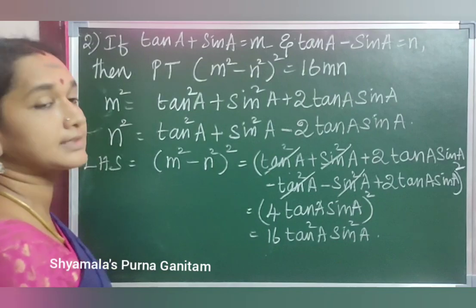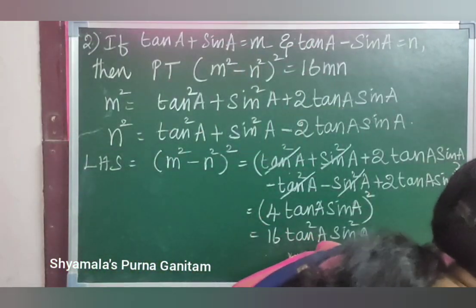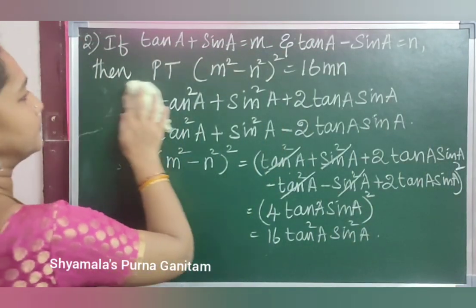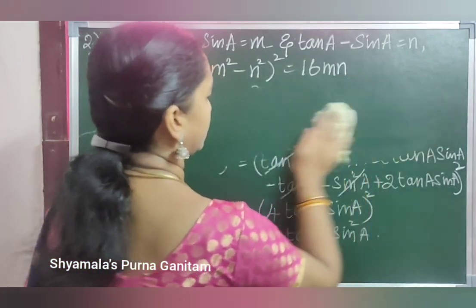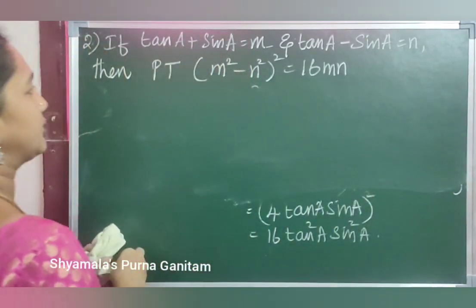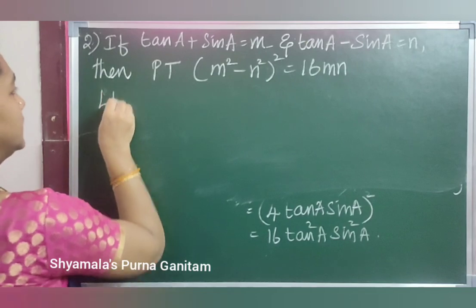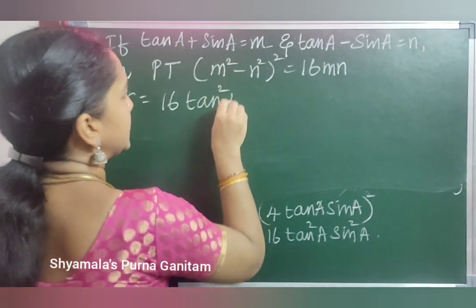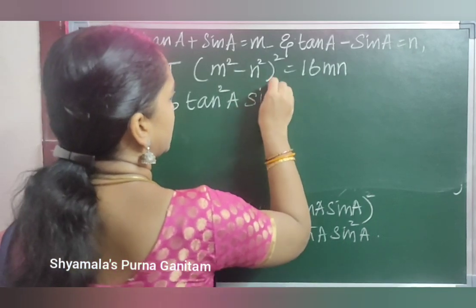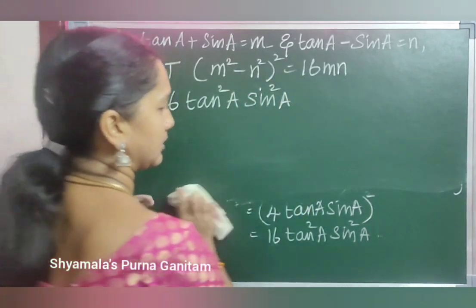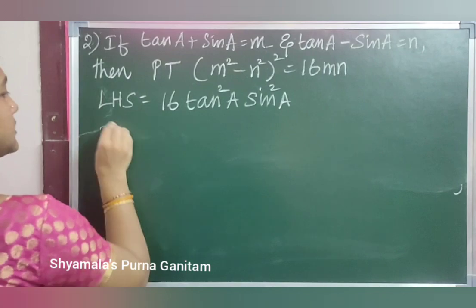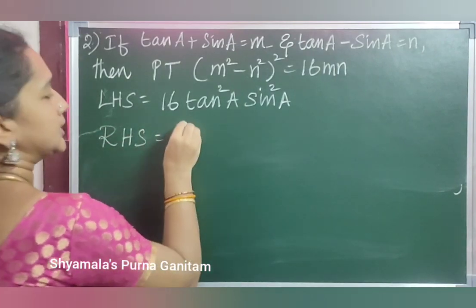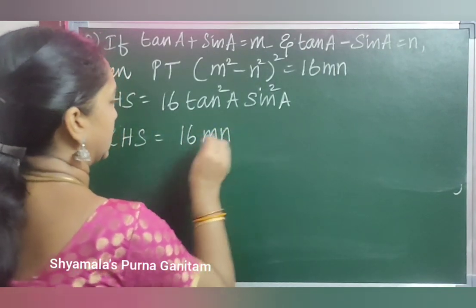Then the RHS is 16mn. So that we will do separately. So I will write the LHS value here. LHS, I got as 16 tan squared A sin squared A. This is my LHS. Then the RHS is 16mn.